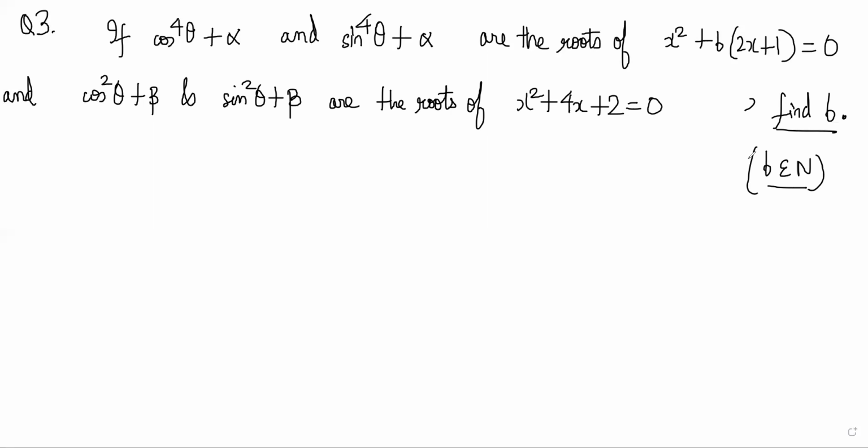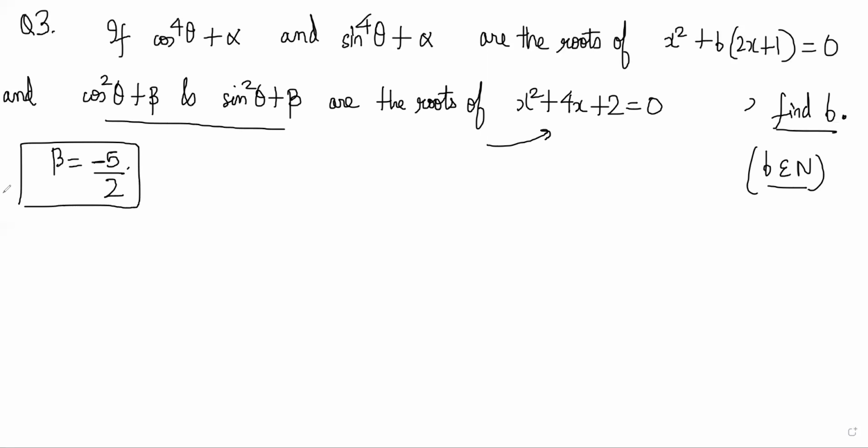Beta can be easily found out from the second equation. Beta is -5/2. And that should give you some indication of theta also from the second one, if you do product of the roots.